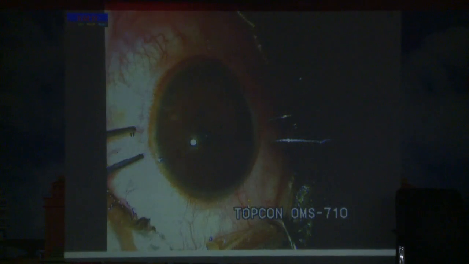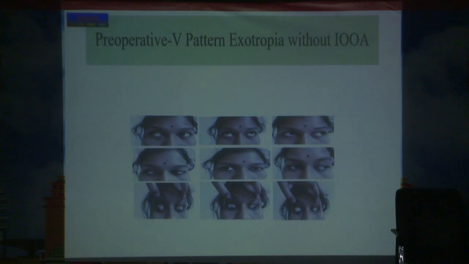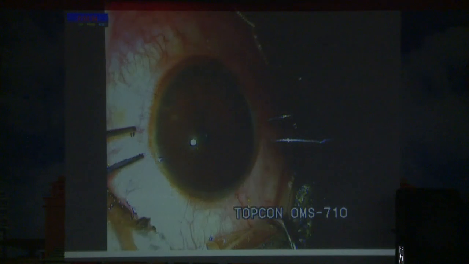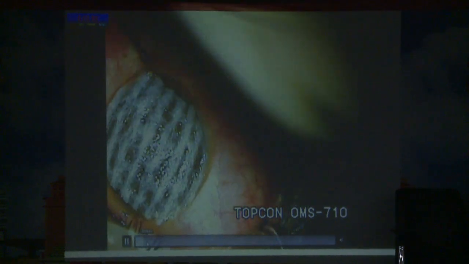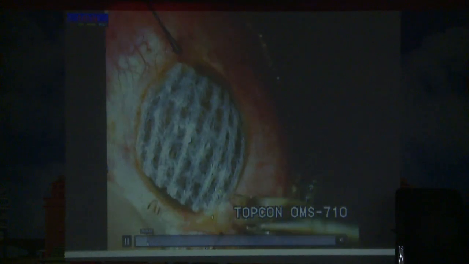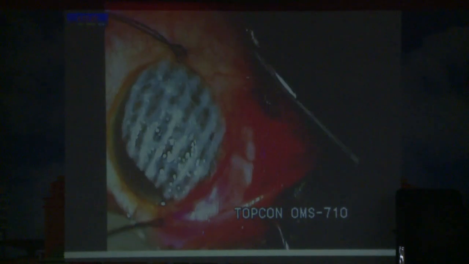So this is a preoperative case who presented to us with a V pattern without an inferior oblique overaction. So this is a surgery in which we went through, and we did a limbal based insertion in the peritomy in these cases. We hooked the lateral recti.